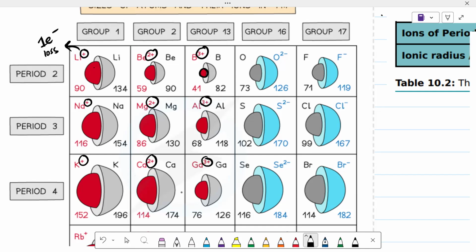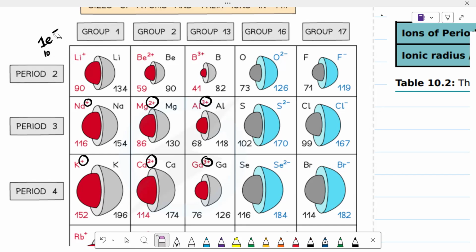Clear? Lithium just loses one electron, that is why it has a much bigger size as compared to beryllium. Beryllium lost two electrons, that's why its size is reduced, and boron loses three electrons, that's why its size is much more reduced. This was for cations.